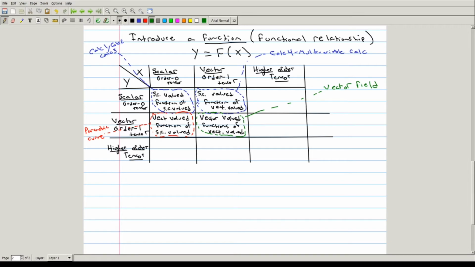Now, for the higher ordered case, I'm not going to go through and talk about that too much right now, but I might give an example in a little bit of some higher ordered tensor functions and where you might see them in terms of applications.